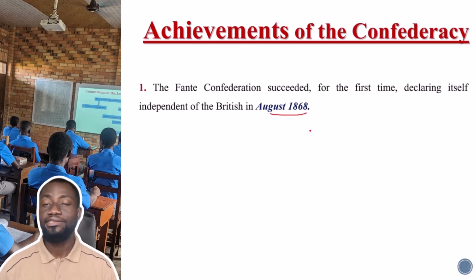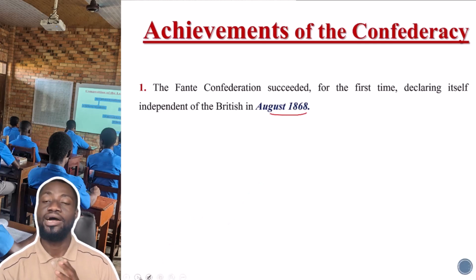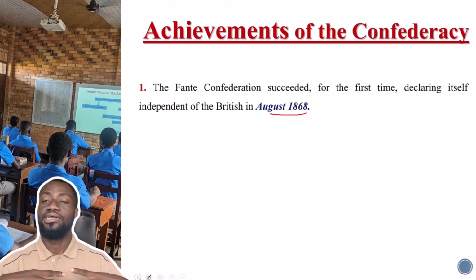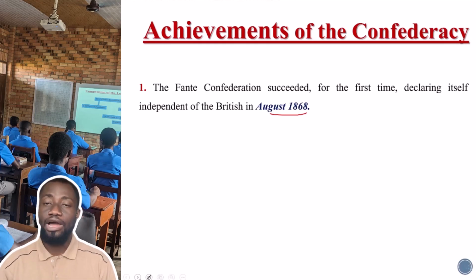As to whether this independence would stand, that is a discussion for another time. One achievement was that they declared themselves independent of the British and were now going to depend on themselves for their own safety. They were going to take matters into their own hands.